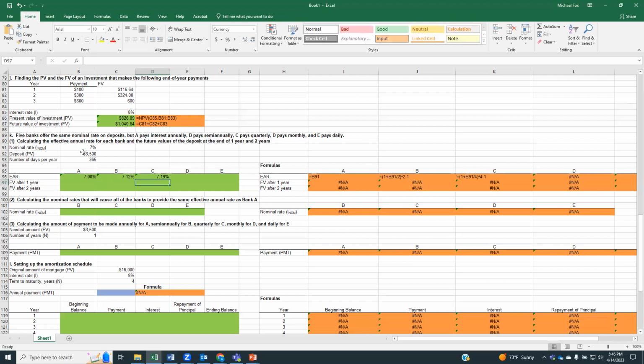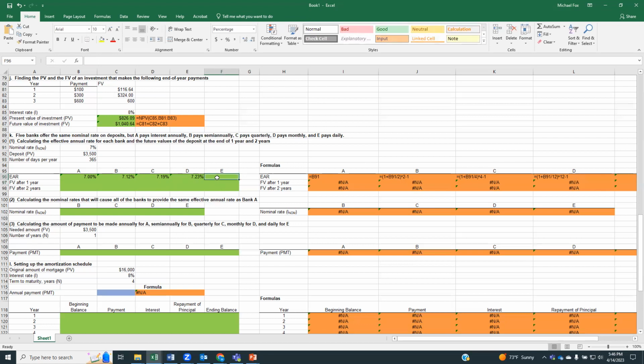And so if it compounds quarterly, then it earns an effective rate of 7.19. This one is monthly, so equals 1 plus the interest rate divided by, there's 12 months in a year, raised to 12 minus 1.